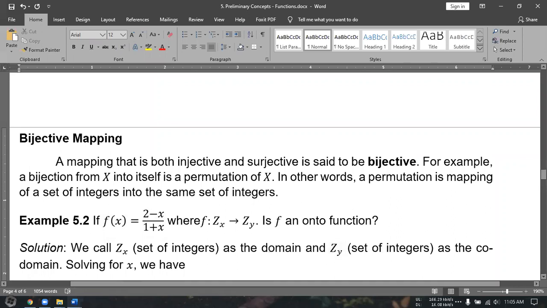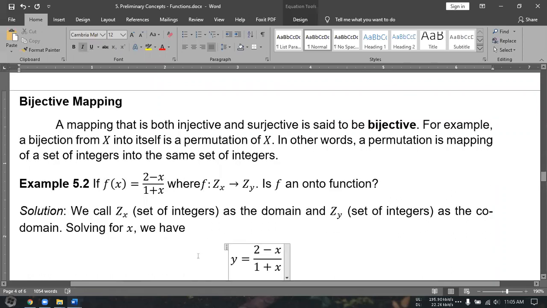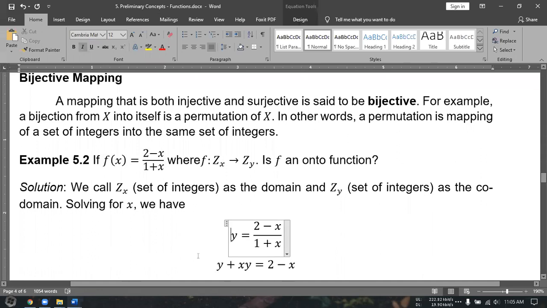Now, solving for x, we interchange and isolate the x variable from the given function. We have y is equal to 2 minus x over 1 plus x, and we are trying to isolate x on one side.